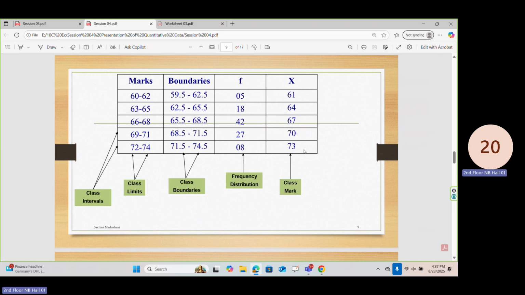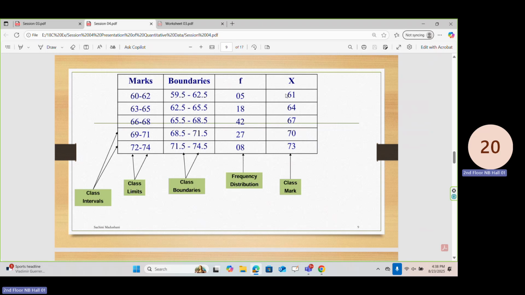Another thing is that when we calculate the class mark, we assume that the 5 students got approximately 61 marks. It's not the real value, but we can assume. Understood? We assume that all 5 students got approximately 61 marks.